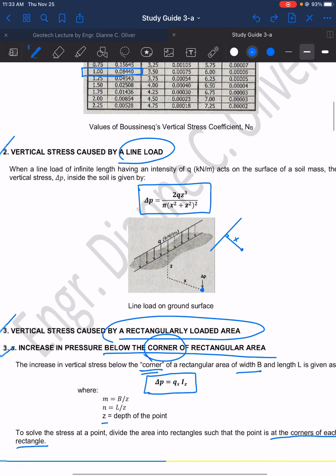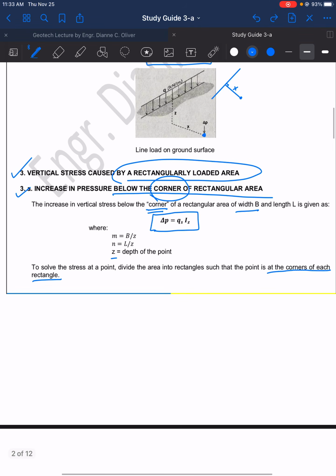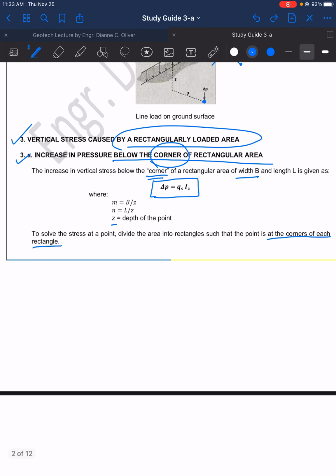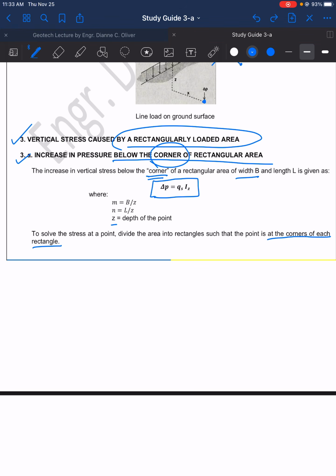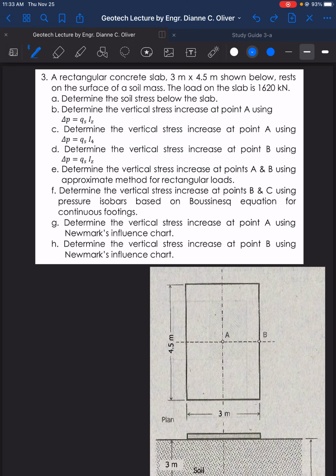So it becomes case number 3, or formula number 3, the rectangularly loaded area. So the point load is transferred into the rectangular concrete slab, and it becomes a rectangularly loaded area. So we need to find, there's A to H here.